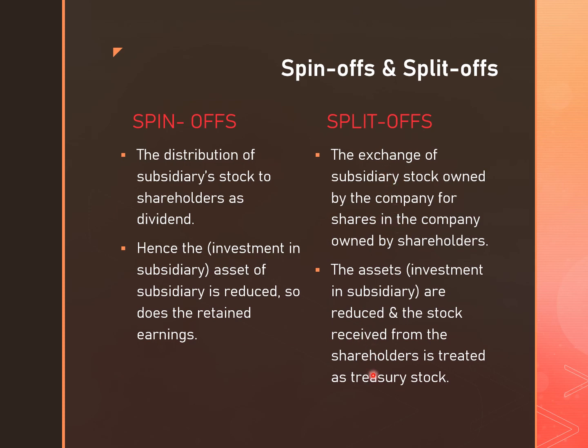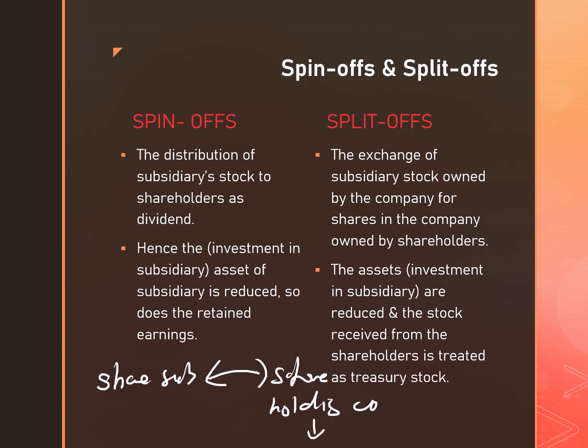Okay, so split off adalah kita bagi share subsidiary tu kepada shareholder kita, kita tukar dengan share holding company. So bila bertukar ni, share of holding company yang you dapat ni, because originally ni adalah shareholder punya, right? You akan jadikan dia sebagai treasury stock.